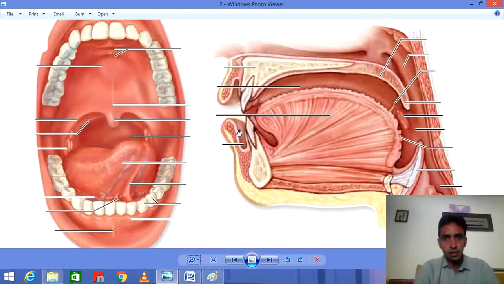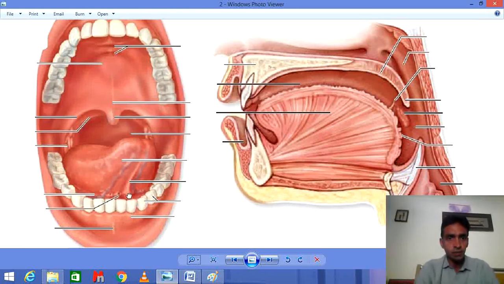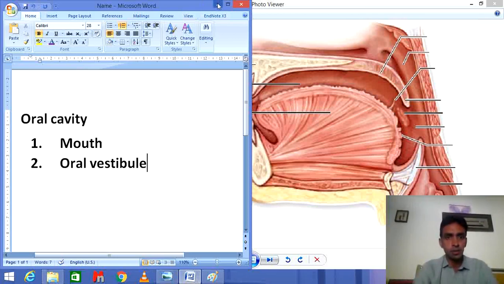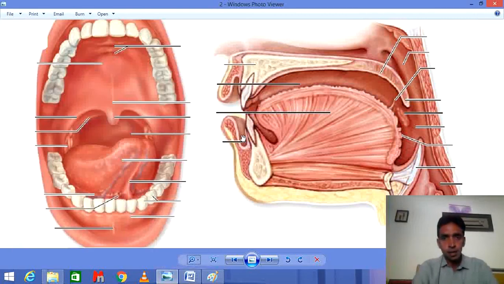This space between the gum and the lips is called the oral vestibule. These are the lips, these are the teeth, and this is the uvula.